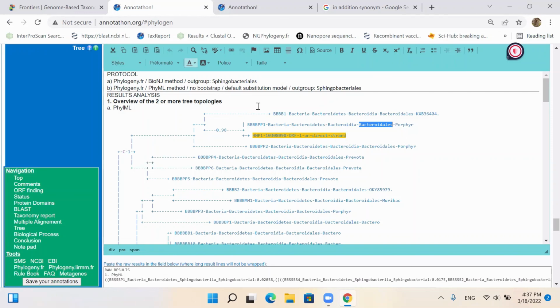That is the closest strain, so you can say that. But you cannot say it belongs to Porphyromonas, because you are not sure. To say that, you need to make another tree at the level of genus. Or was it family? I don't remember. It was family. So you should build another tree at the level of family. Okay, thank you. You're welcome.